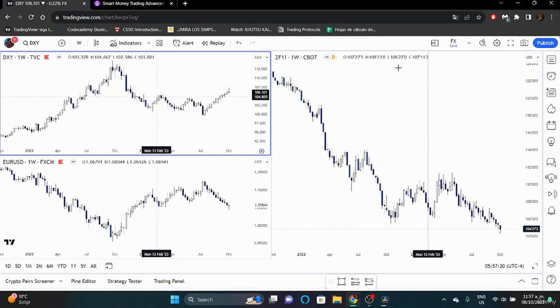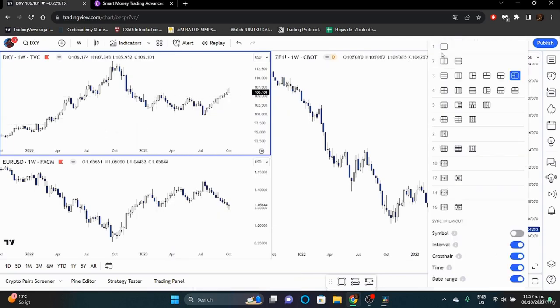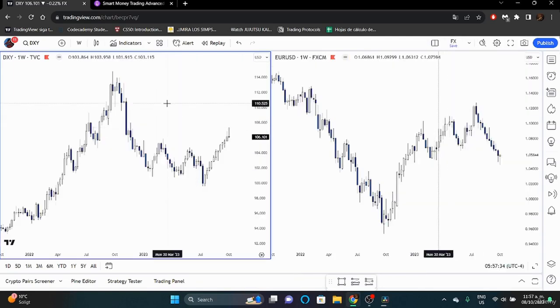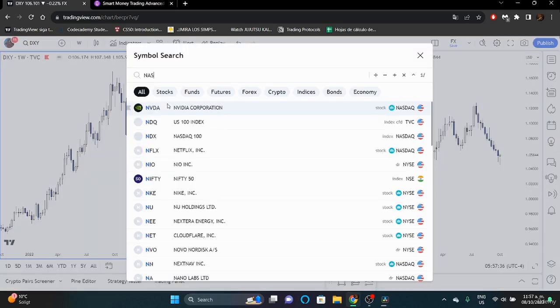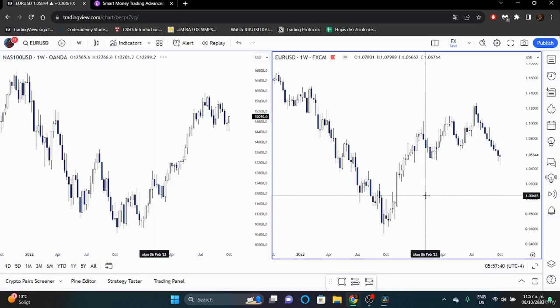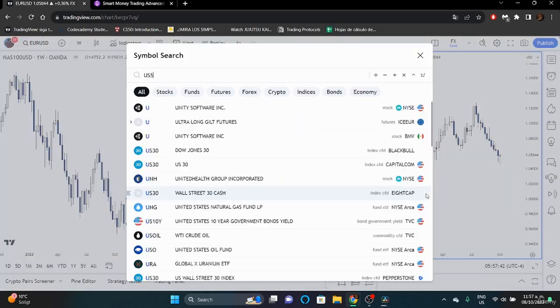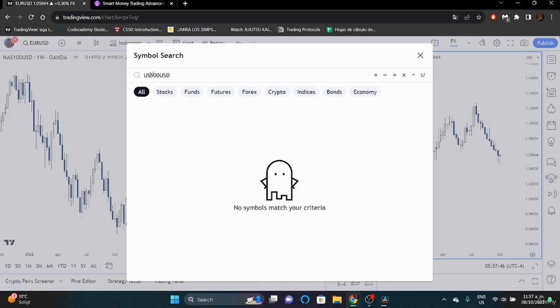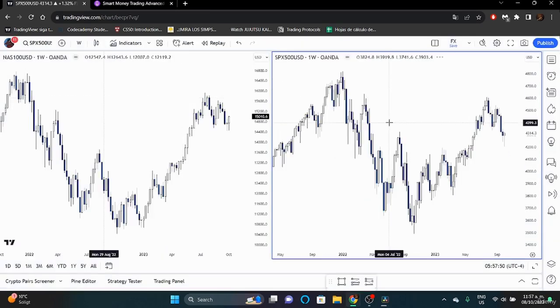So that's it for SMT divergence. You can look for it on any asset. I will show the last, okay? Nasdaq, and this is it. Okay. US 500, SPX then. Okay.